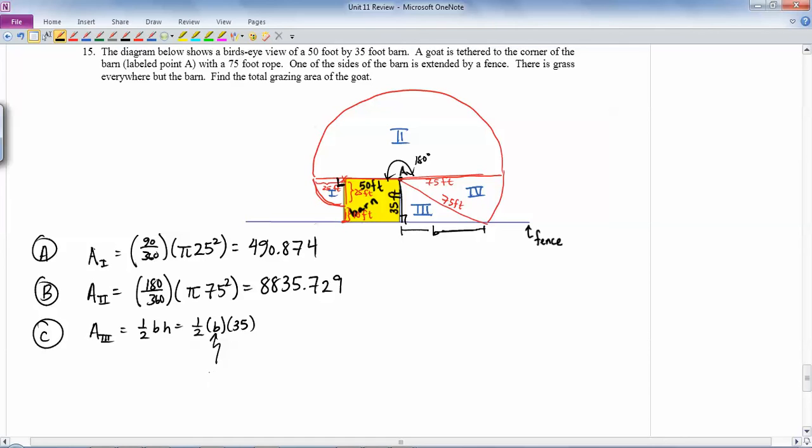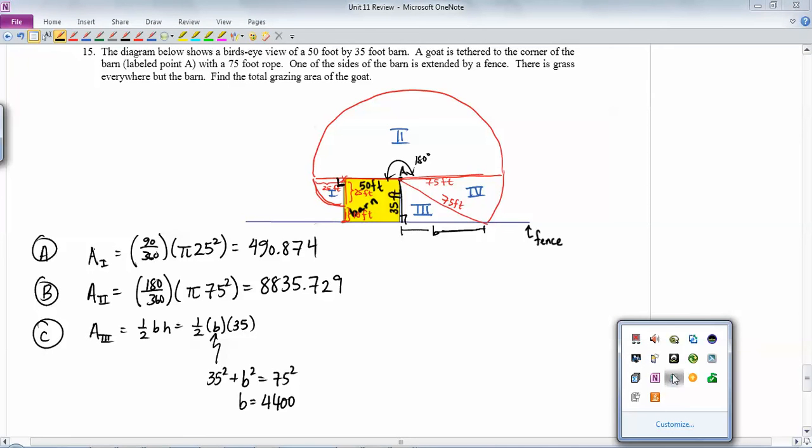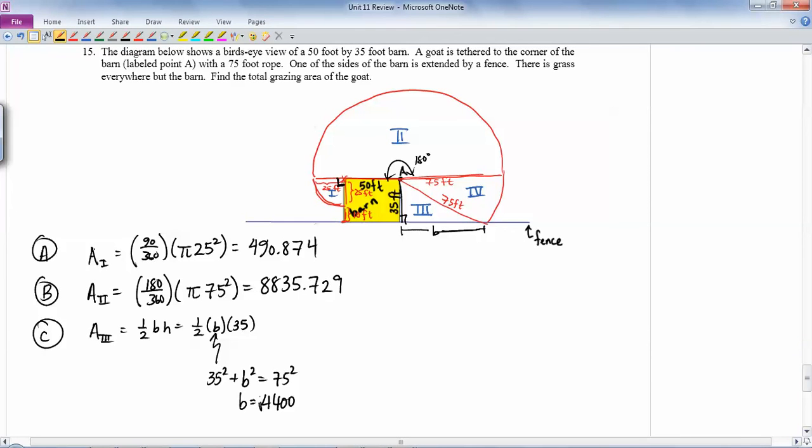Well, I know that 35 squared plus b squared is going to be 75 squared because that thing's a right triangle. So if I solve for b, 75 squared minus 35 squared is 4,400. So b squared is 4,400, so b is root 4,400. So this is root 4,400 right there.